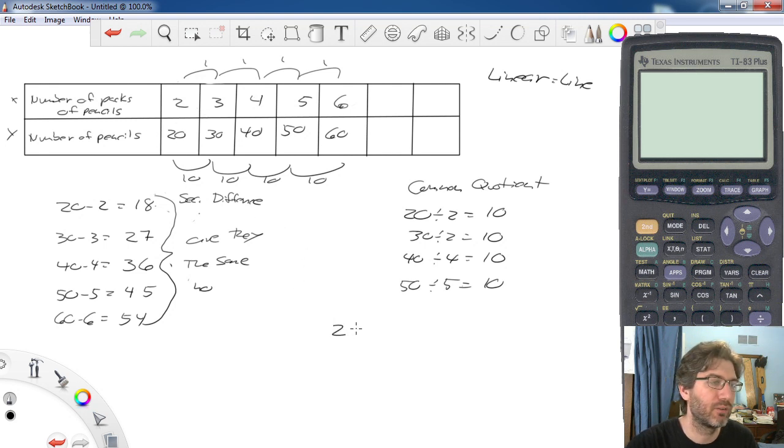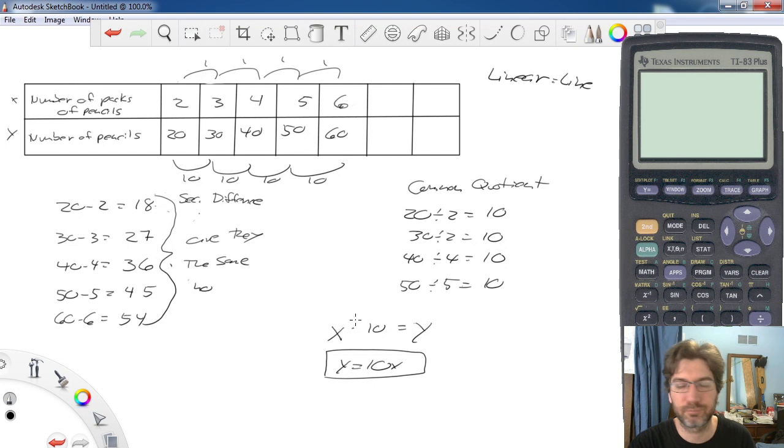So it's saying 2 times 10 equals 20. In this case, my 2 is actually called x, so this would be an x, and my 20 is my y, so this would be a y. And then you would rewrite that nicely, which would be like that. But that's acceptable too.